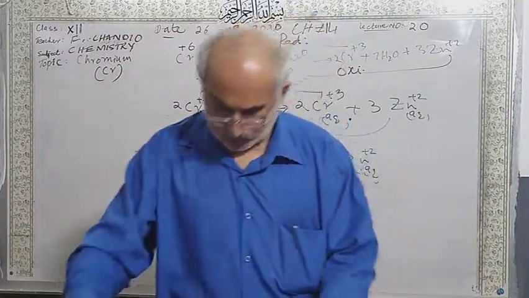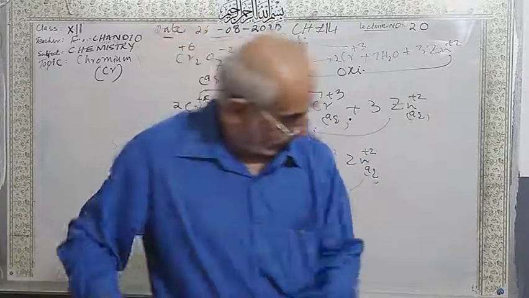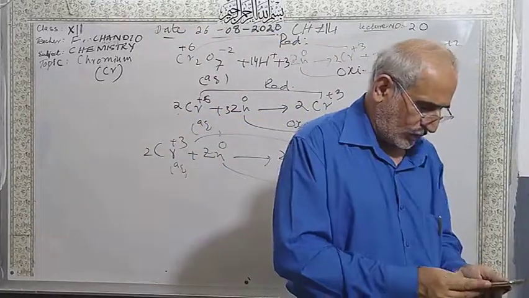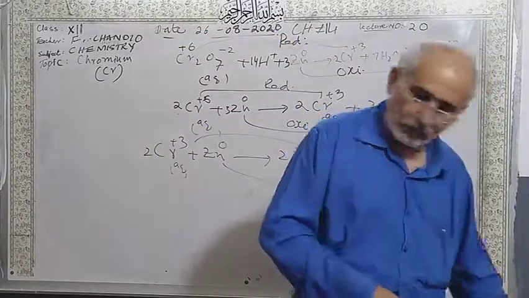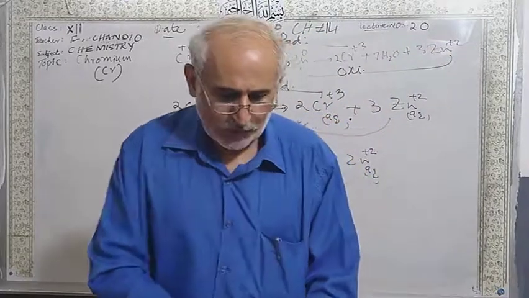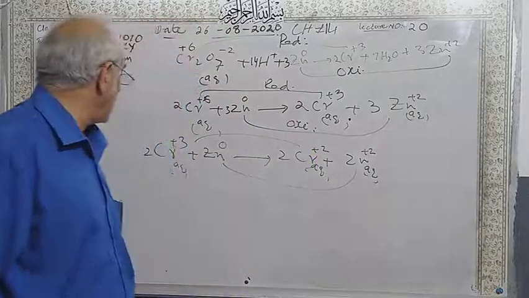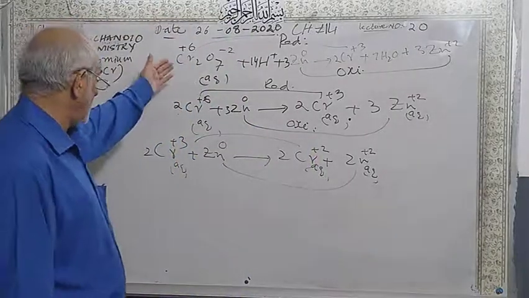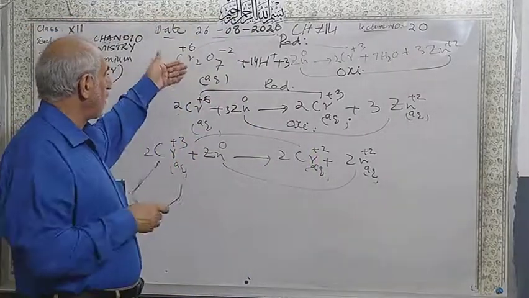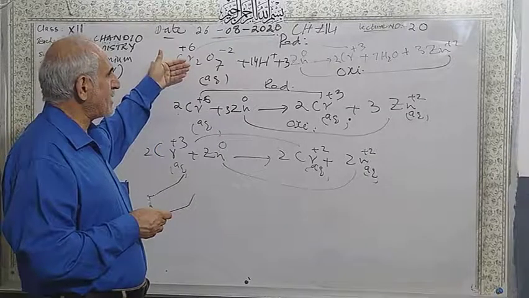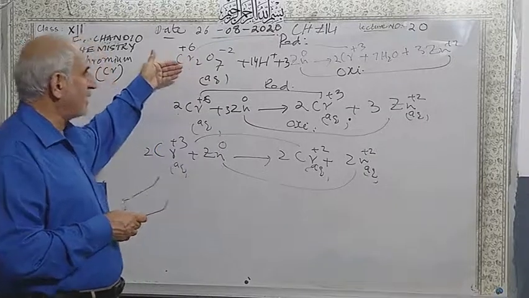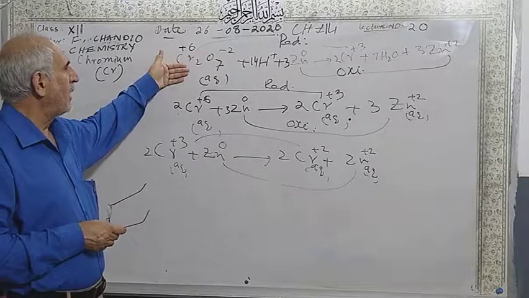Now, dear students, there is another reaction you have, using potassium dichromate as an oxidizing agent, like this. Potassium dichromate as an oxidizing agent, this example is given.